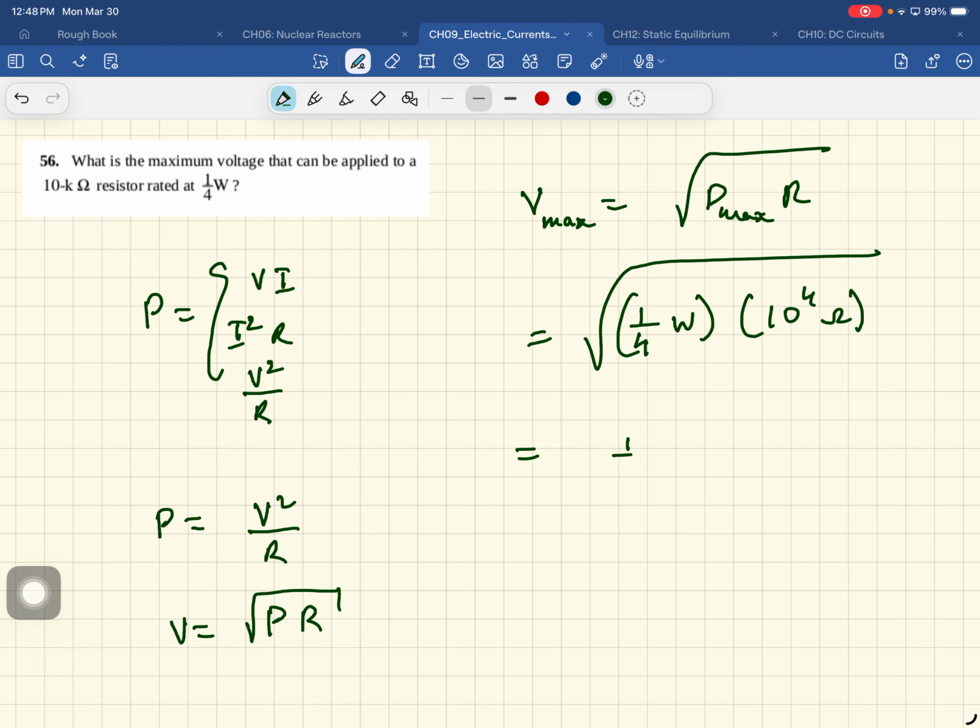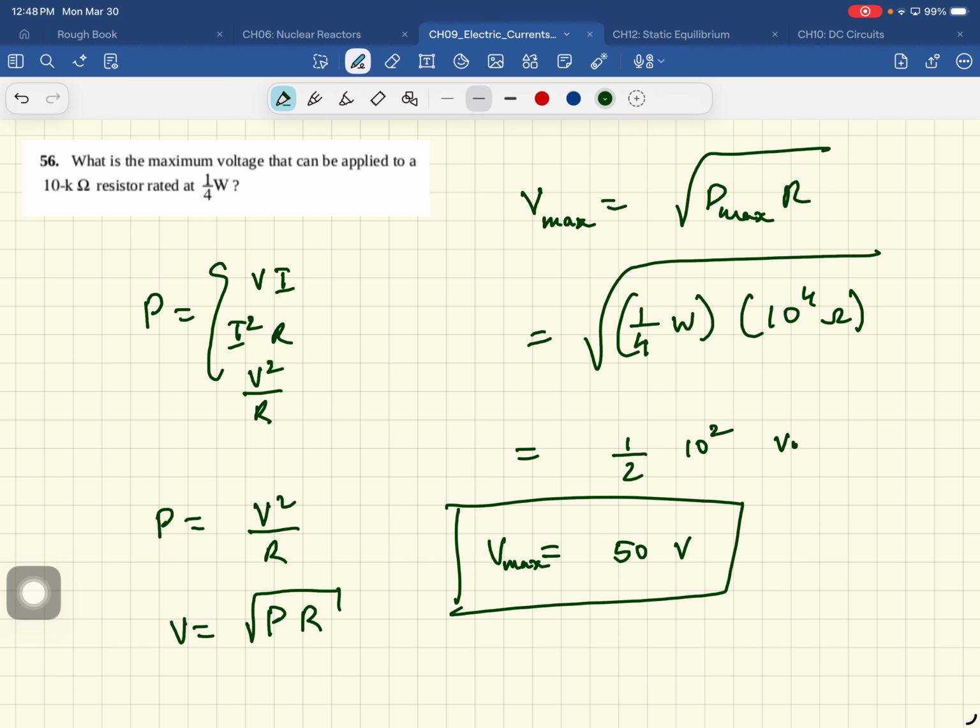So this is 1/2 volts. So max volt is 50 volts.